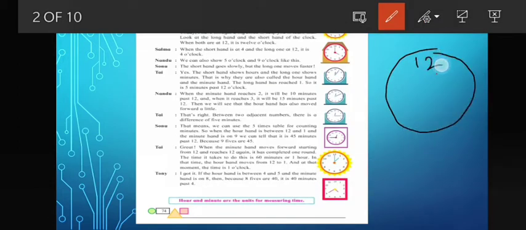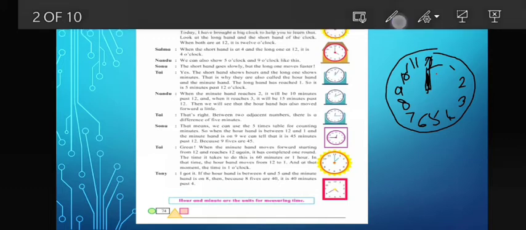This is 12. 1, 2, 3, 4, 5, 6, 7, 8, 9, 10, 11. When both the hands, one is short and one is long, are at 12, it's 12 o'clock.